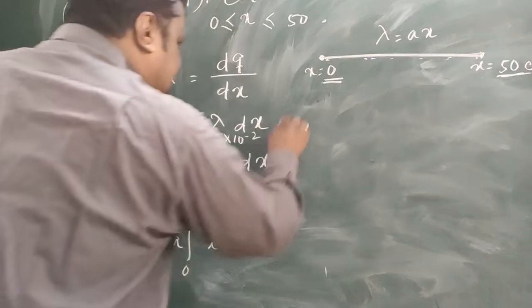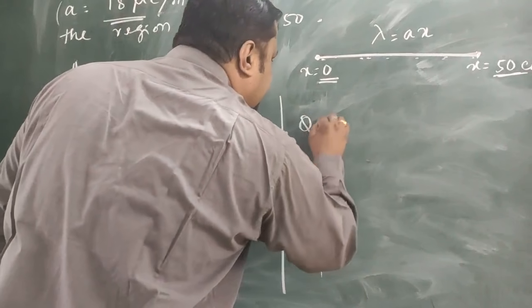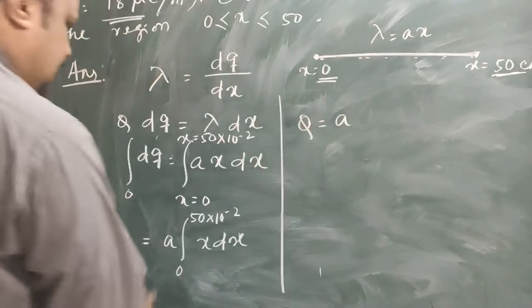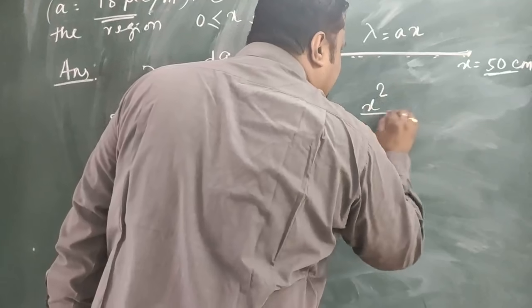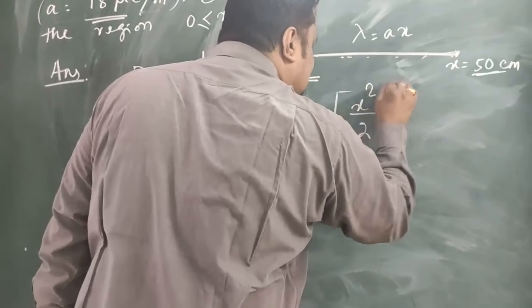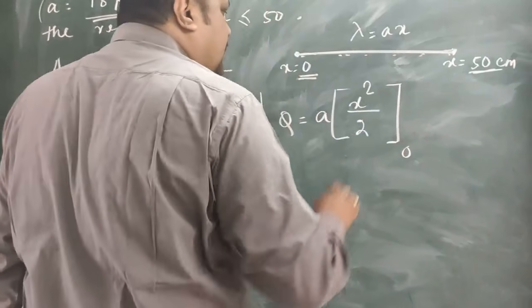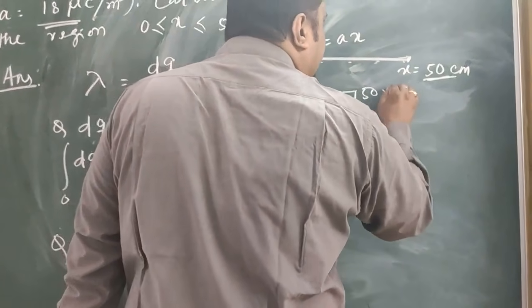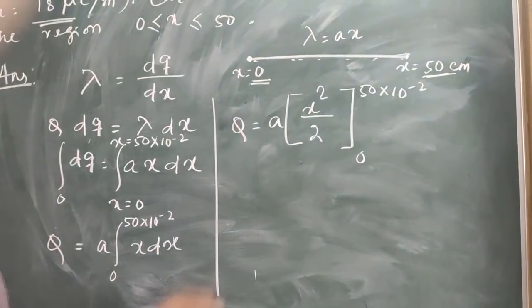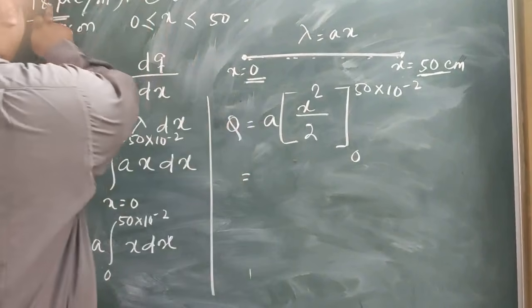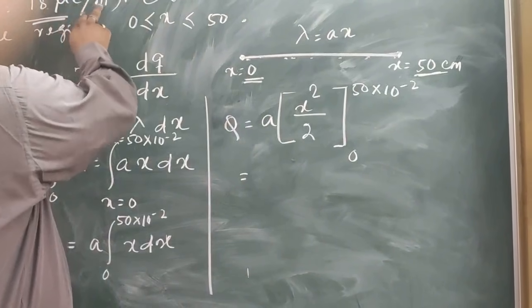To solve this, q is equal to a times the integration of x dx, which is x square by 2, with limits 0 to 50 into 10 to the power minus 2 meter. Here a is given as 18 microcoulomb per meter cube.